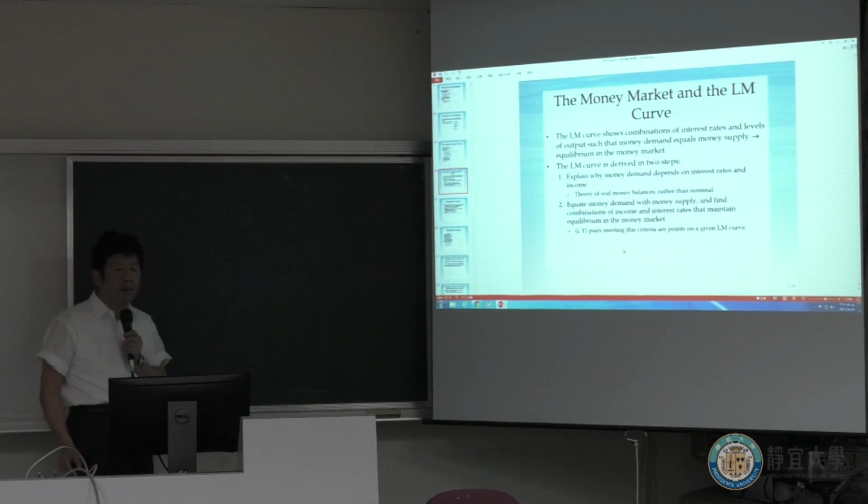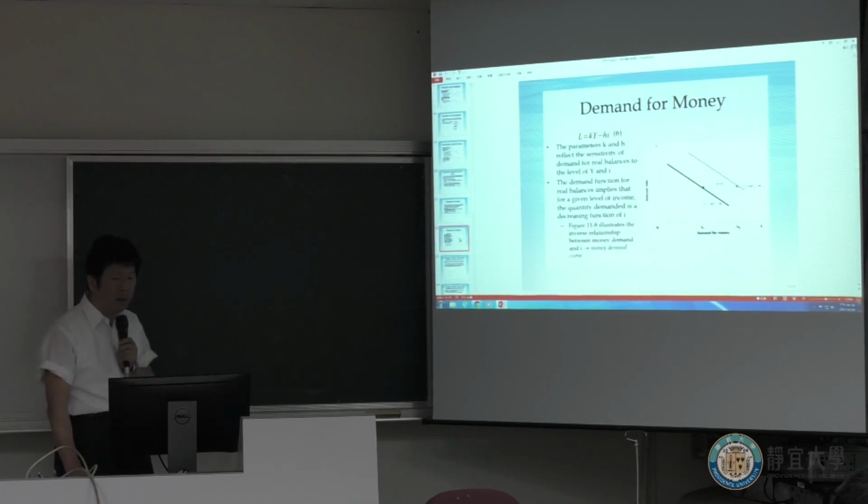And after that, we can find the LM curve, okay? I also drew three different styles to find the LM curve, okay? And here, L represents the money demand, okay? And a small k has some relationship with the income.